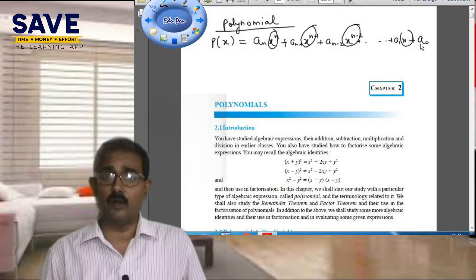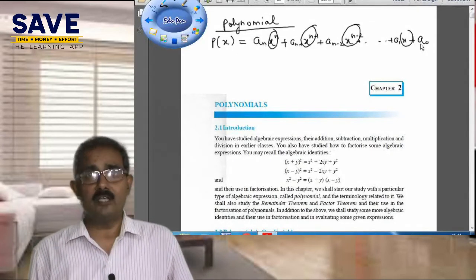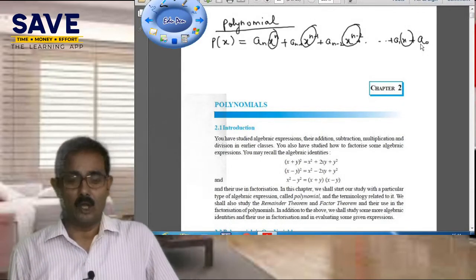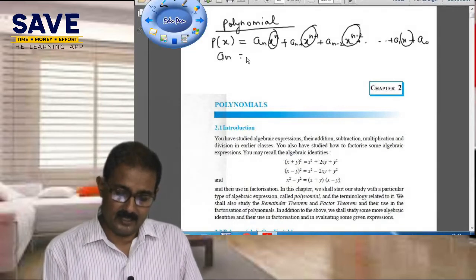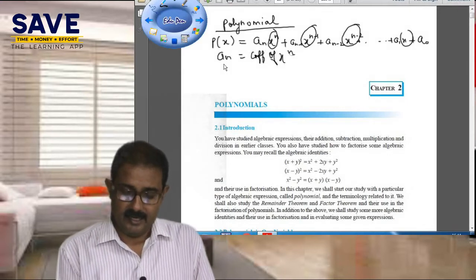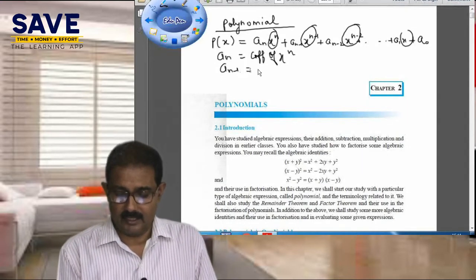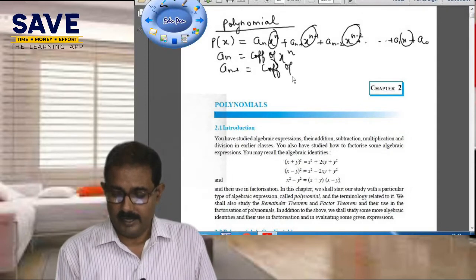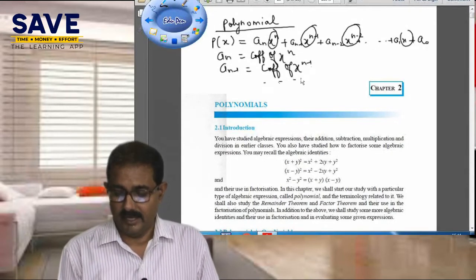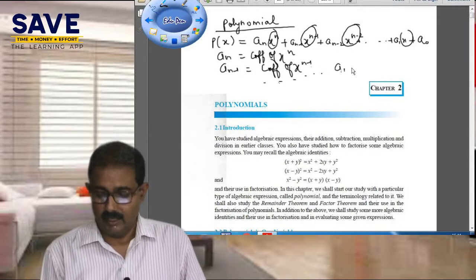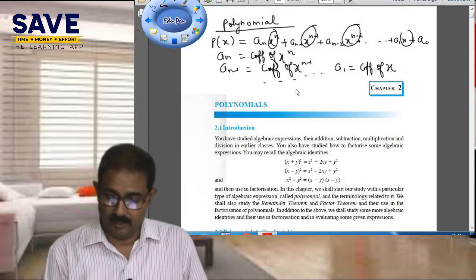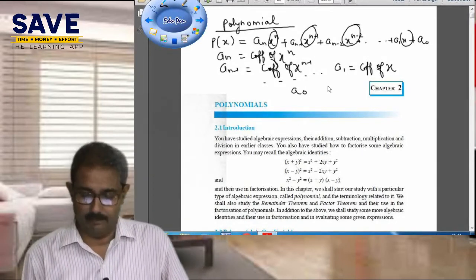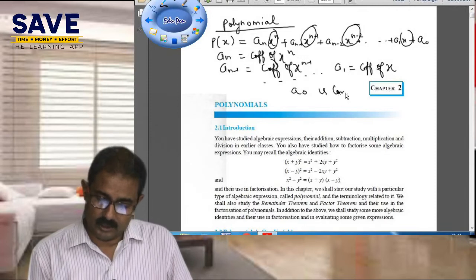So this expression of this form where the powers of the variables are whole numbers. And this an is known as the coefficient of x to the power n, an minus 1 is the coefficient of x to the power n minus 1 and so on. a1 is the coefficient of x, and the last term a0, which does not have the variable, is known as the constant term.